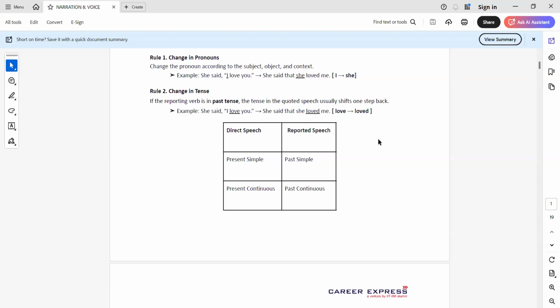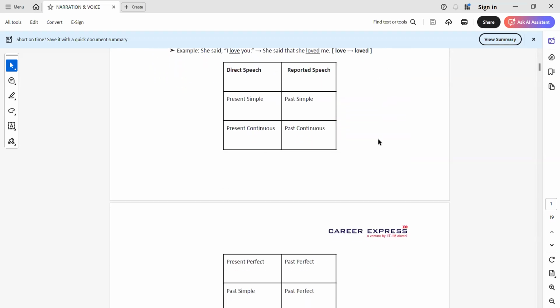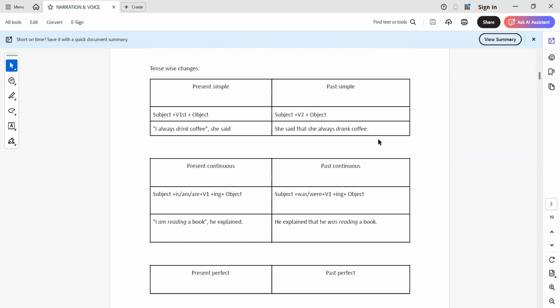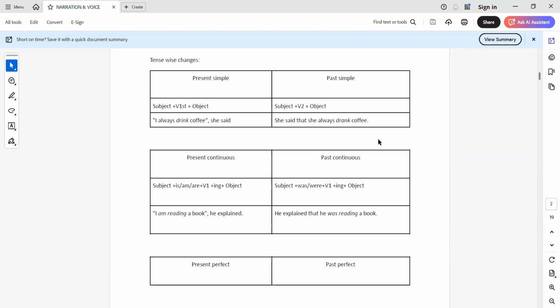Instead of the third person, you're talking to the second person about the third person, right? So the pronoun and tense changes will be according to the situation. And in each tense, we are going to see what changes there will be. Have you done this topic in your school so far? Yes. Yeah, so you might be aware of the changes. Yes. Yeah, we just brush it up.